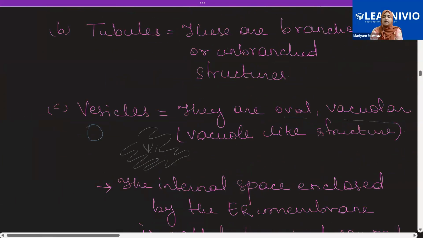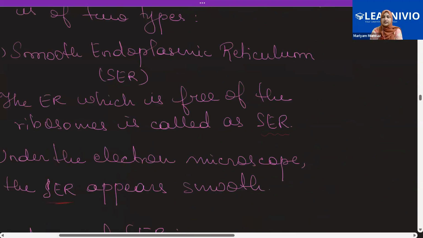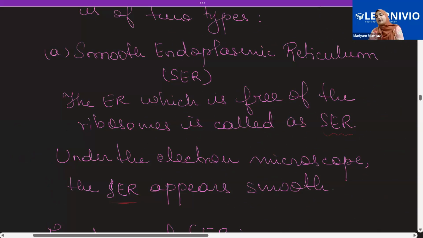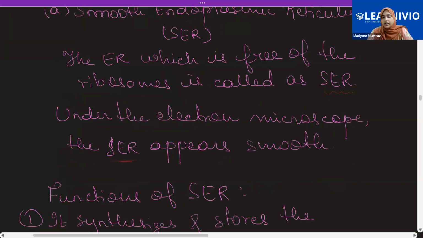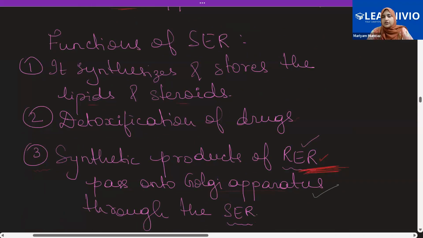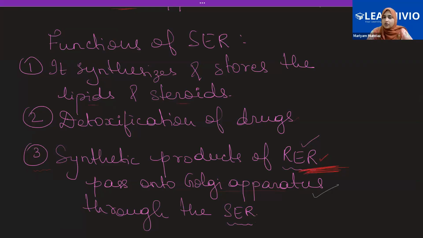The smooth endoplasmic reticulum is free of ribosomes, which is why under the microscope it appears very smooth. What do they do? The smooth endoplasmic reticulum synthesizes and stores lipids, stores steroids, and does the detoxification of drugs.